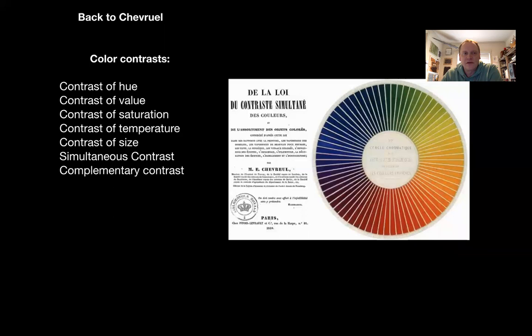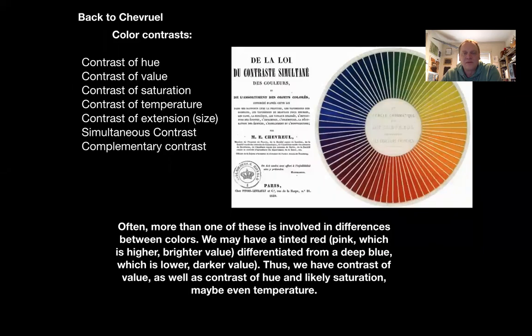And these are contrast of hue, contrast of value, saturation, temperature, size, or extension, simultaneous contrast, and complementary contrast. And we're always using, generally, more than one of these at a time. So we're using some combination of these whenever we're seeing different colors.